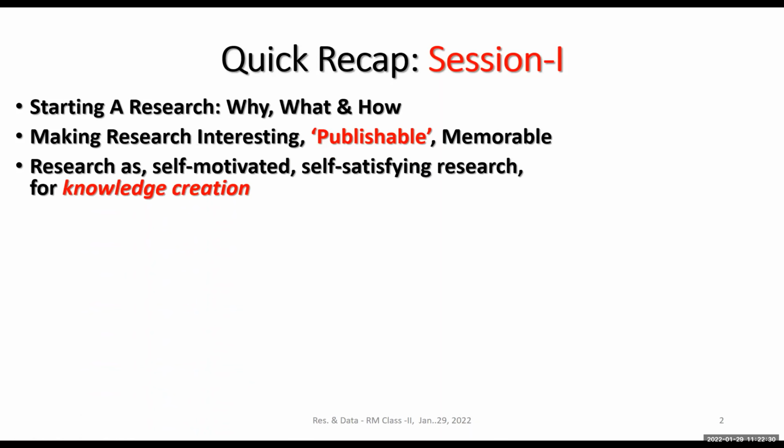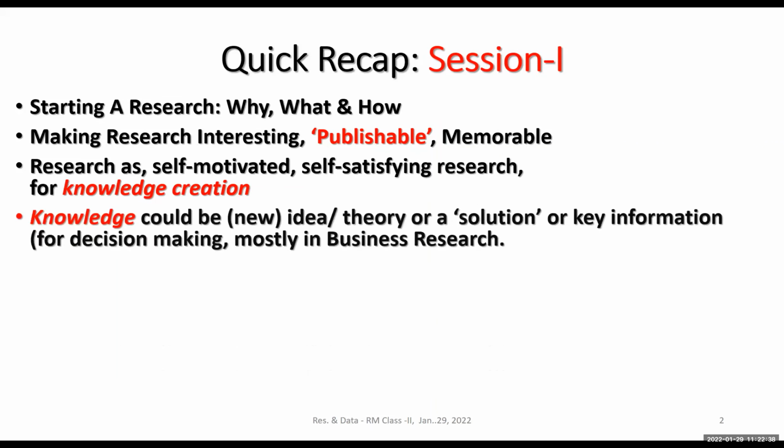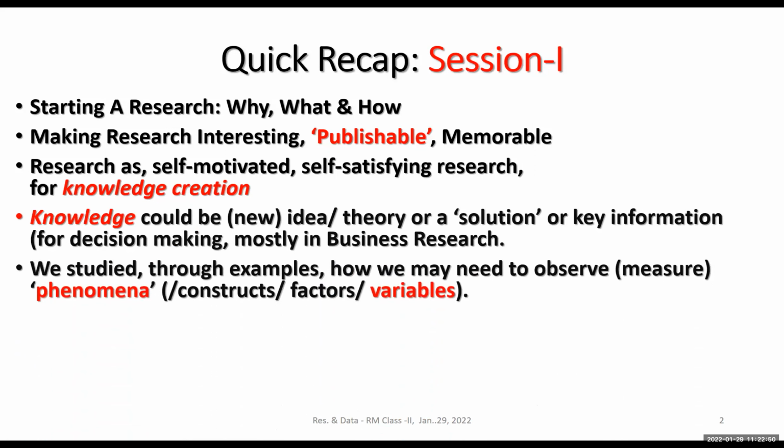And we should not forget that the research objective is to create some new knowledge. There should be some novelty, some newness in our research. And this could be aimed at developing new ideas or theories or problem solving. So these two types of classification we later discuss: one is theoretical research, another is applied research.